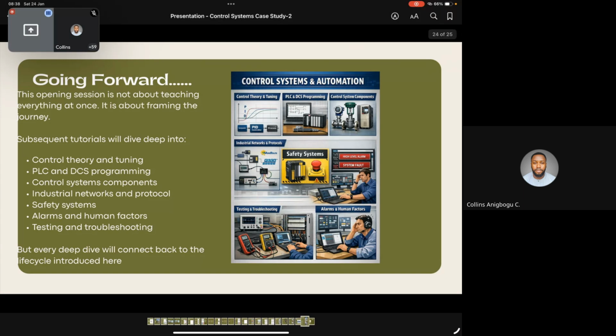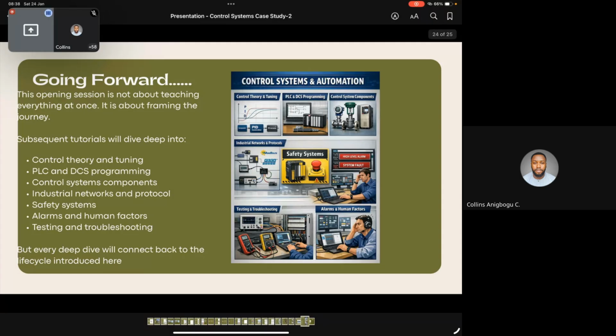Then we'll look at industrial networks and protocols, right? I mean, there's no way we'll talk about industrial networks and protocols that will not stray into cybersecurity. We'll look at safety systems. How do we protect our machines and processes? We'll look at alarms and human factors, testing and troubleshooting.